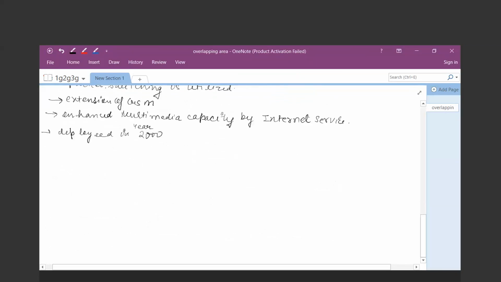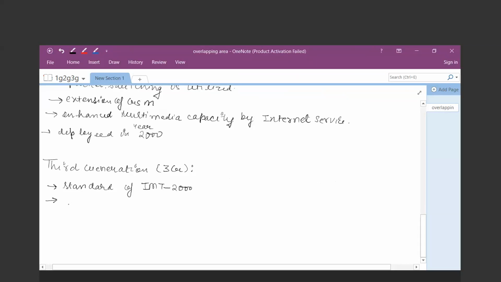Now come to the third generation, that is 3G. 3G is based on a certain standard, known as IMT-2000, the International Telecommunication Union standard for International Mobile Telephony, and it supports a high data transmission rate.